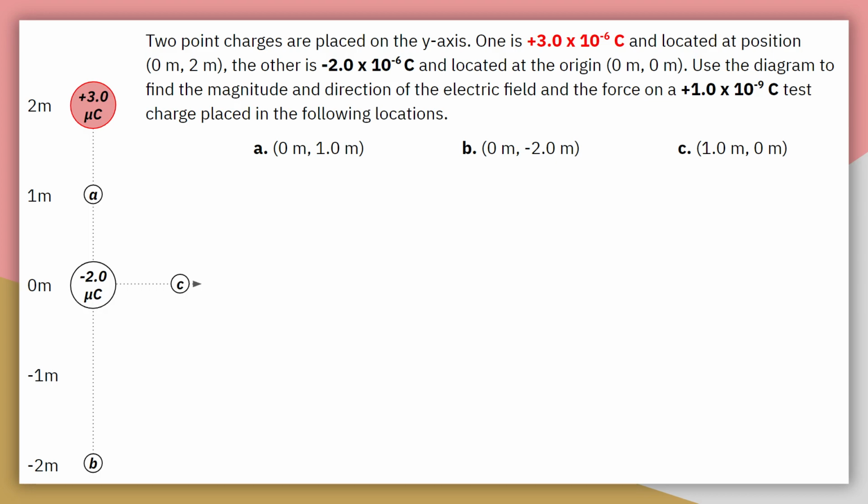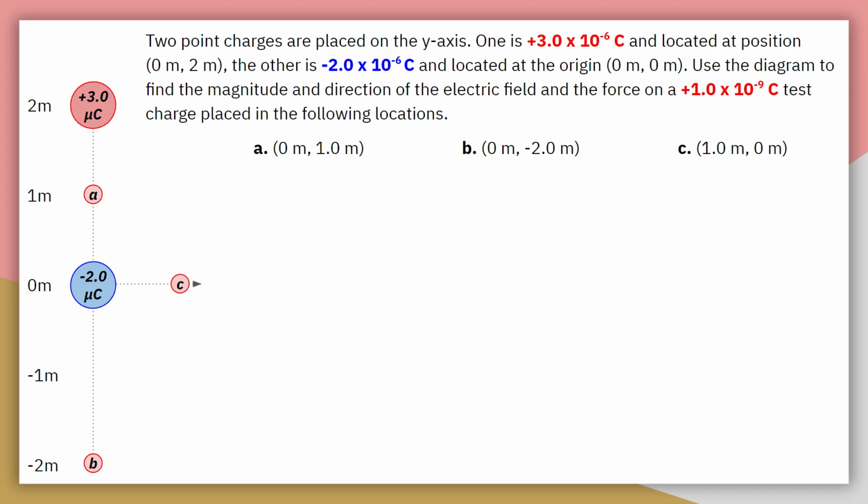The negative point charge is going to be associated with blue, negative 2.0 microcoulombs. And then each of those three locations is where we would put a positive test charge. Now that positive test charge only has an exponent of 10 to the negative 9th power of coulombs.